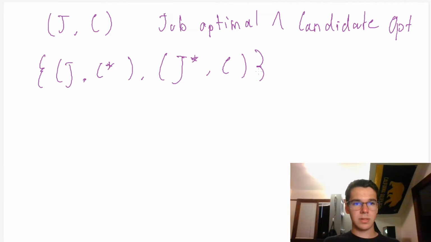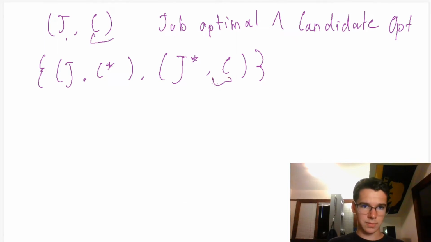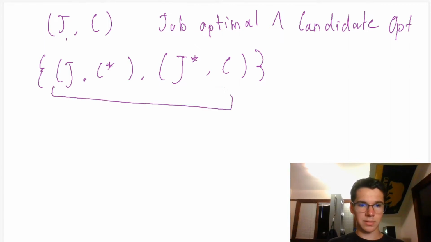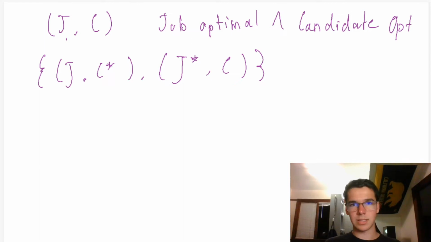If this pair right here is the job optimal and candidate optimal, then, because we assume that the algorithm is both job optimal and candidate optimal, this would mean that J would actually prefer to be with C, and C would actually prefer to be with J. But having run the algorithm on these pairs, we find out that that's not the case.